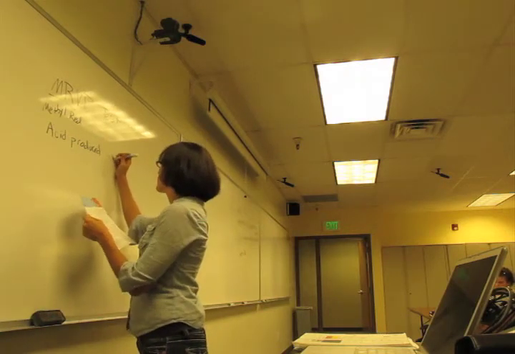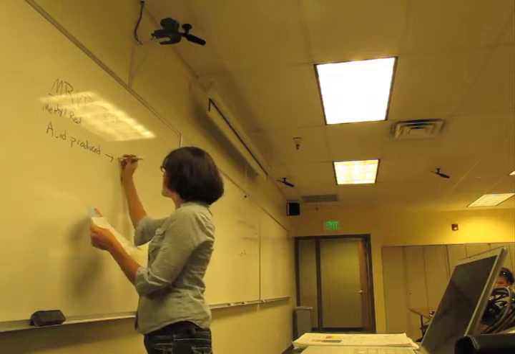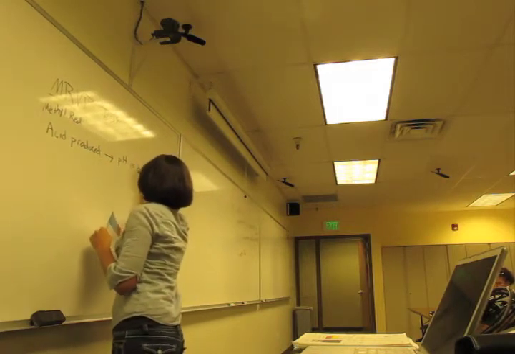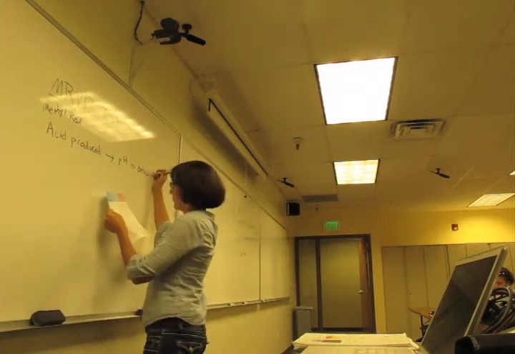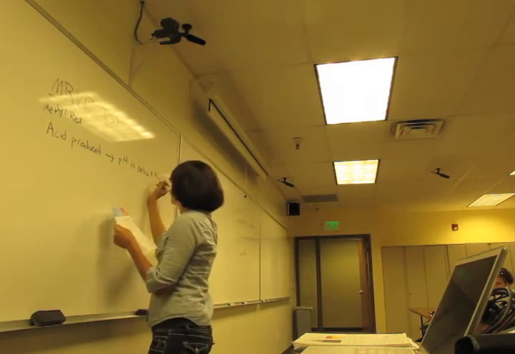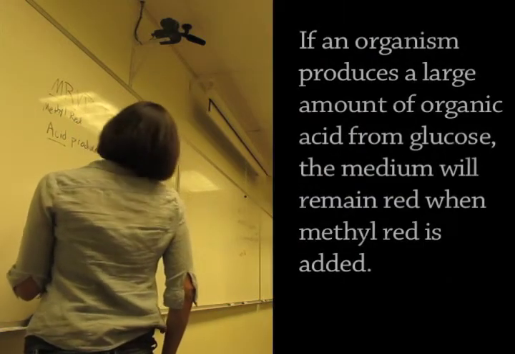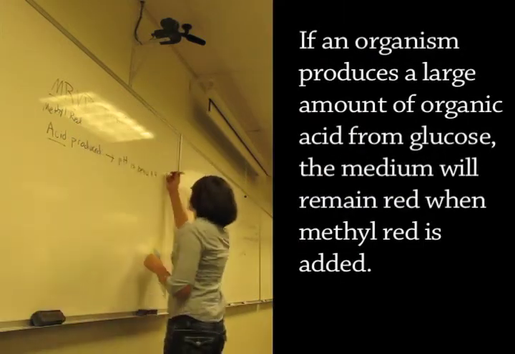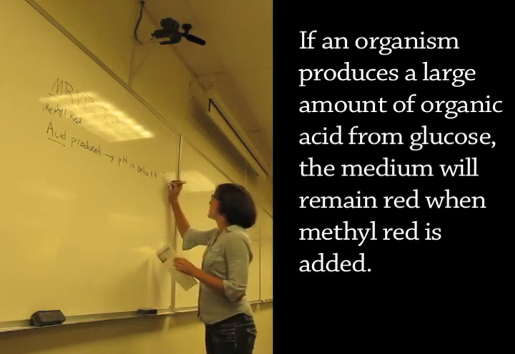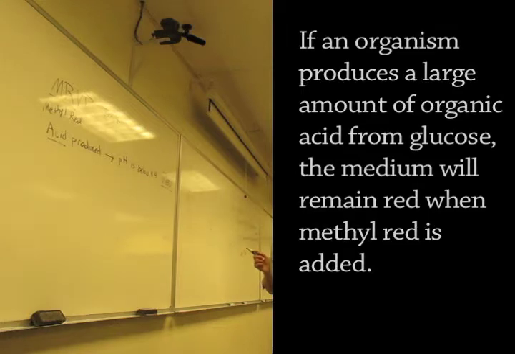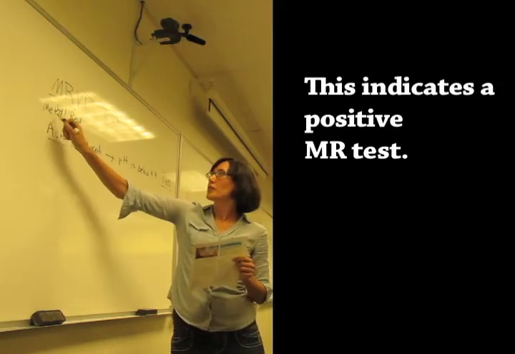And the pH is below 4.4, so it's acidic. The color of the culture will be red. This is after you add the methyl red.